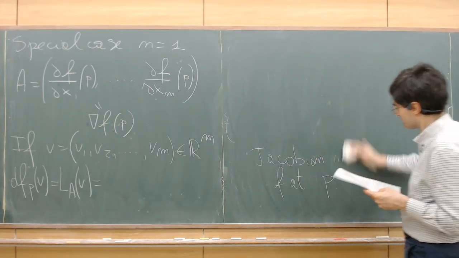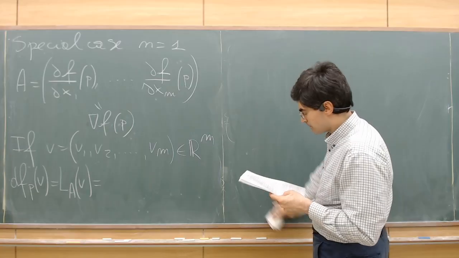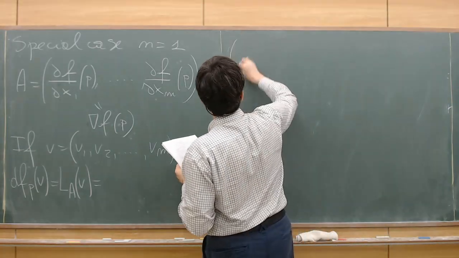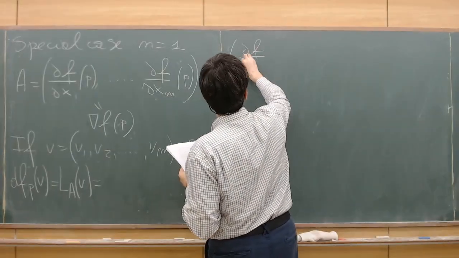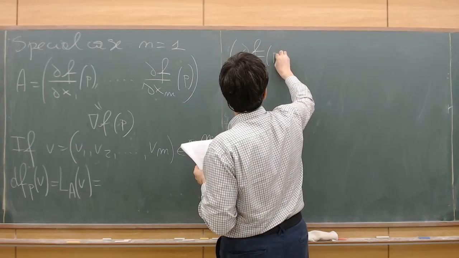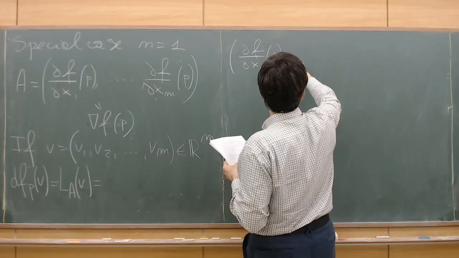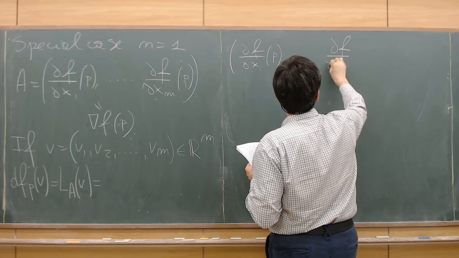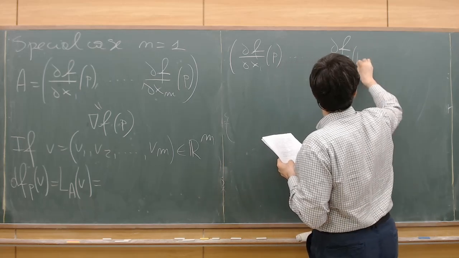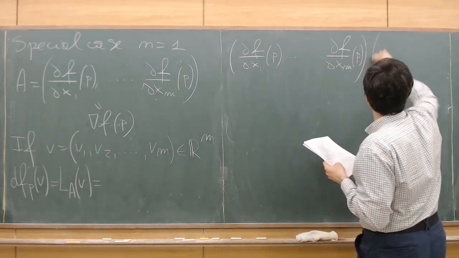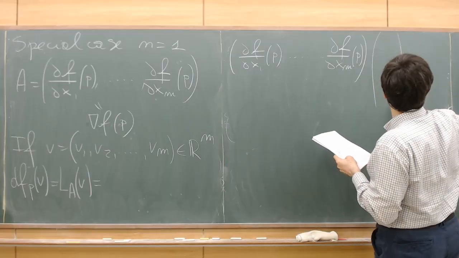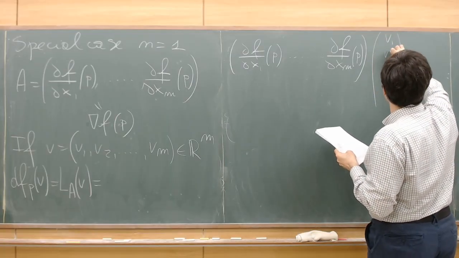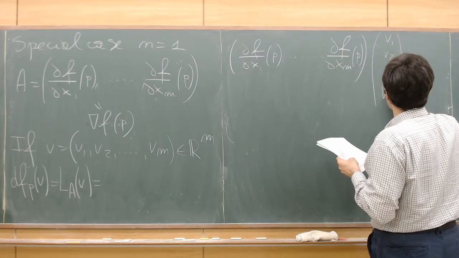That is, I will continue here. The product of df/dx1 at p, ..., df/dxm at p multiplied by v1, v2, ..., vm.